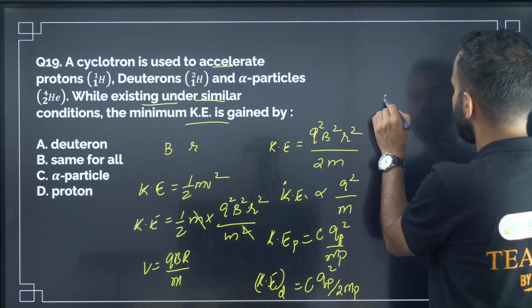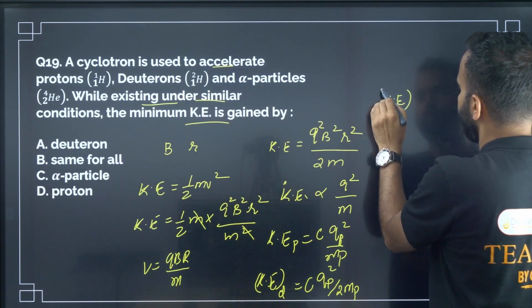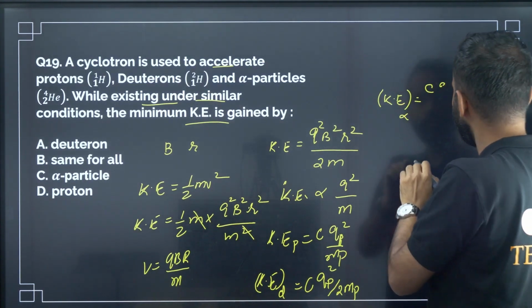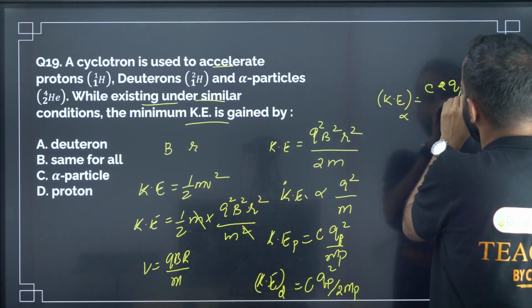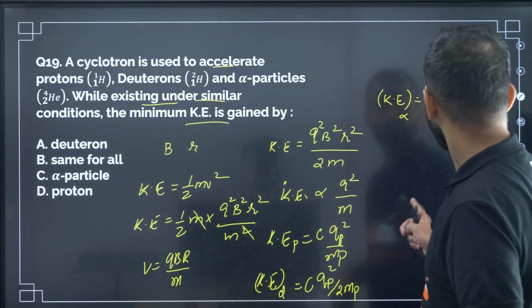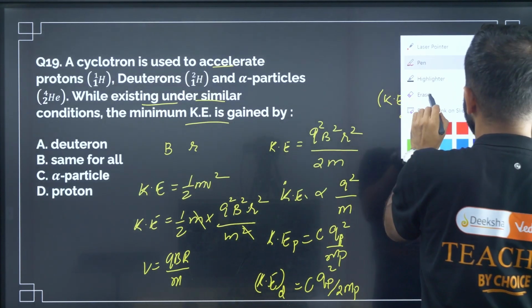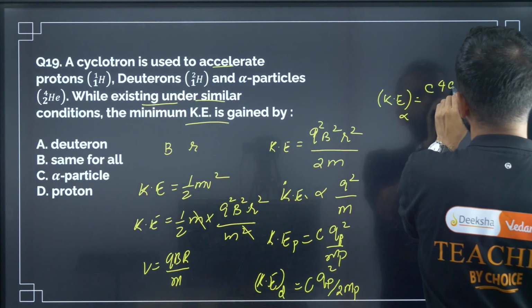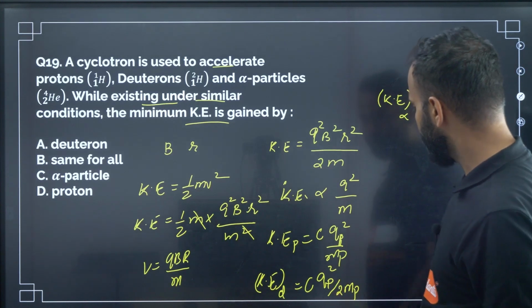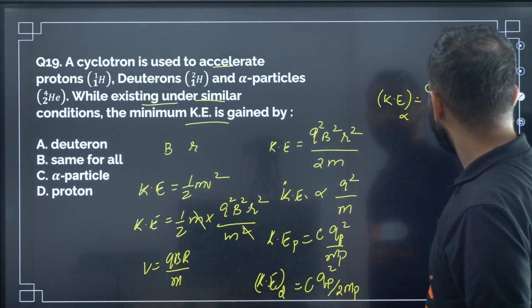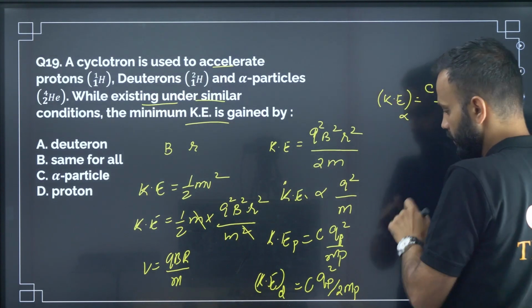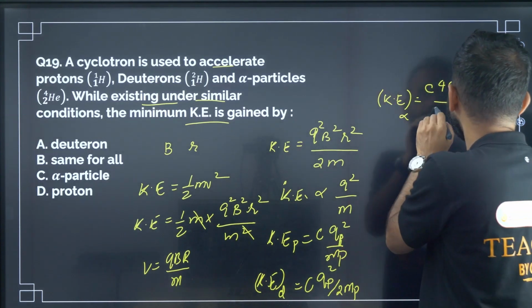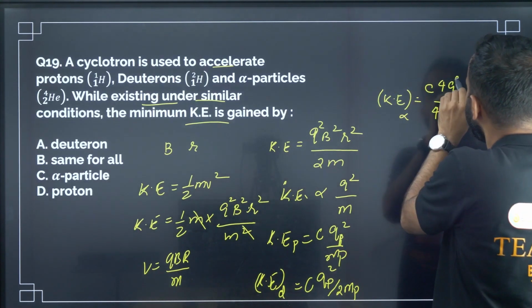And then kinetic energy of the alpha particle is equal to c into q alpha. q alpha is 2 times qp, right? So 2 times qp squared, that is 4 qp squared, divided by m. m is mass of the alpha particle, that is 4 times mass of the proton, right?